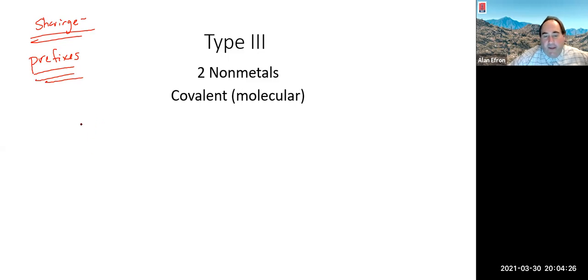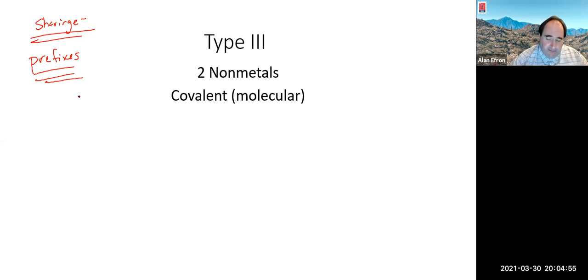These are really the most easiest ones to name and to really do, but they are the ones that people really screw up the most because they try to do all kinds of funky things to mess themselves up. So the nice thing about this is there's no charging involved. There's no ions involved. There's no balancing charges. You simply just need to pick the right prefix and follow the rules.